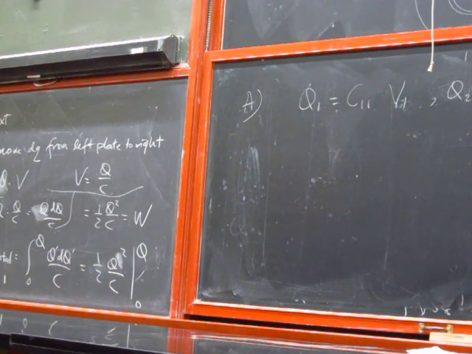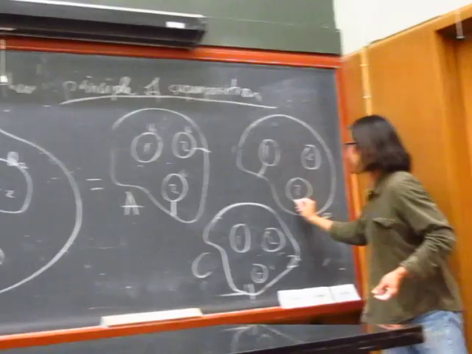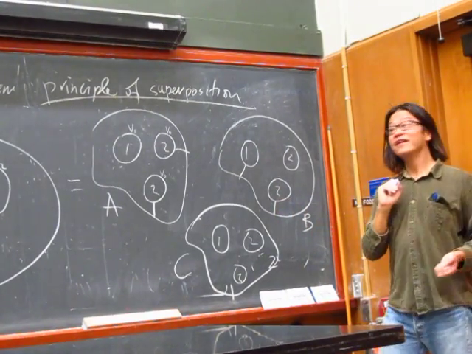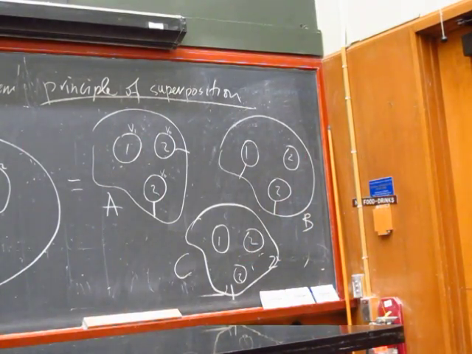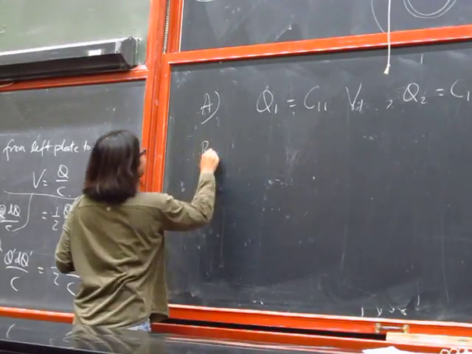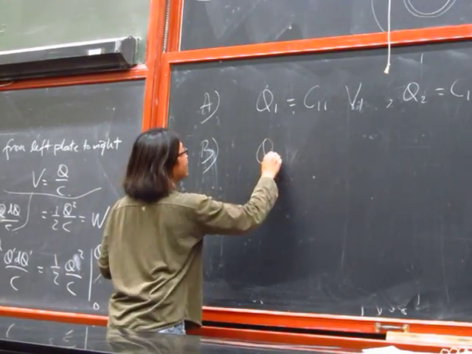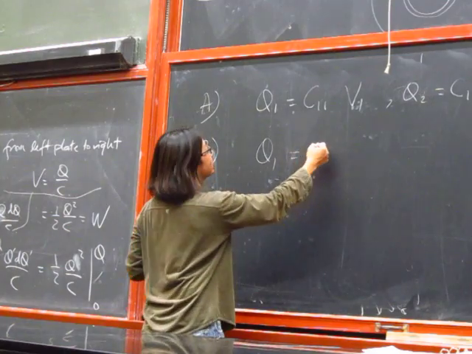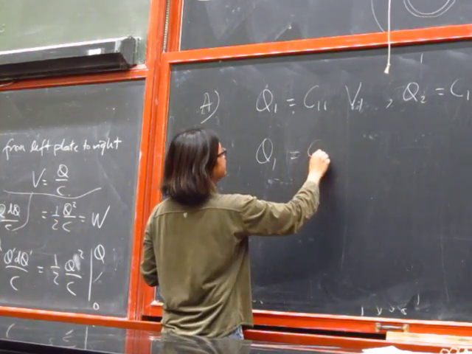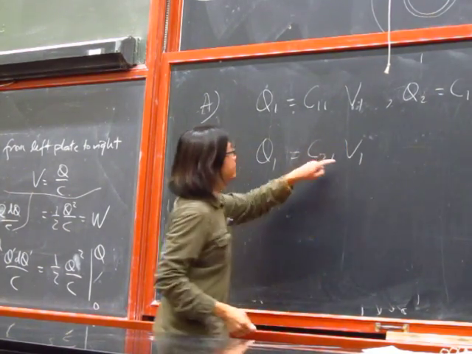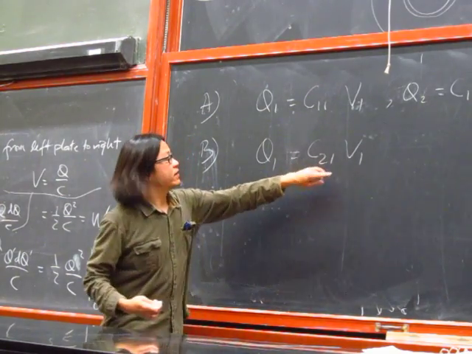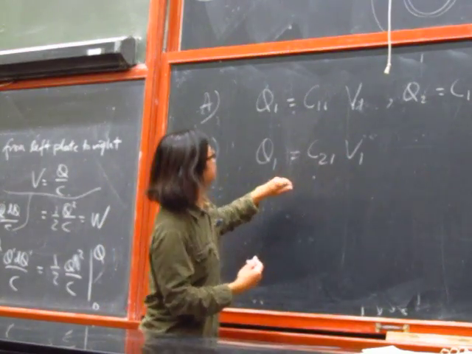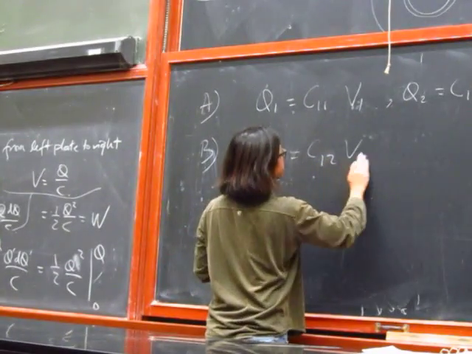In configuration B, I can ground 1 and 3. Then I have again a Q1, another Q1, equal to C12 V2.